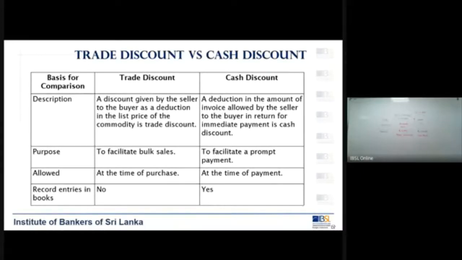Now, the list price is 60,000, and the seller has agreed to sell it at 55,000, which means the buyer is getting a reduction in the list price of the commodity, so PQR Trading Company is getting a discount of rupees 5,000.